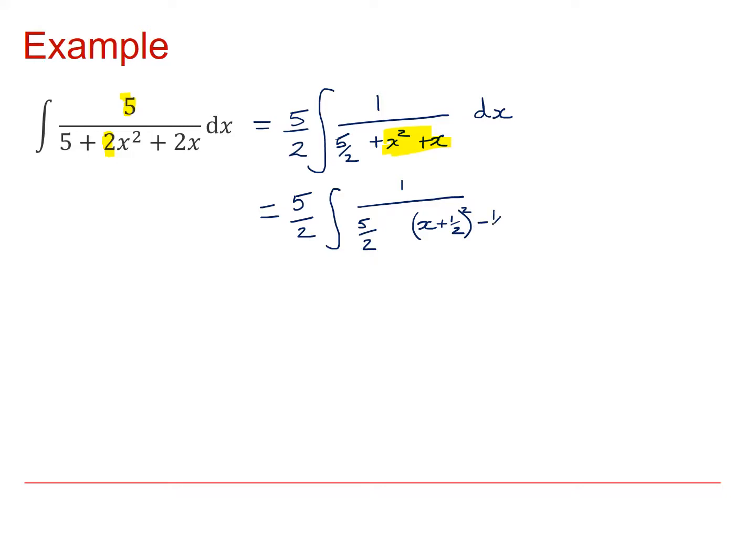So I need to take a quarter off to bring that back. And now I can release the outer set of brackets here and see what comes out. So I've got 5 over 2 minus a quarter. Well, that's 10 over 4 minus 1 over 4, which is 9 over 4, plus x plus a half squared.